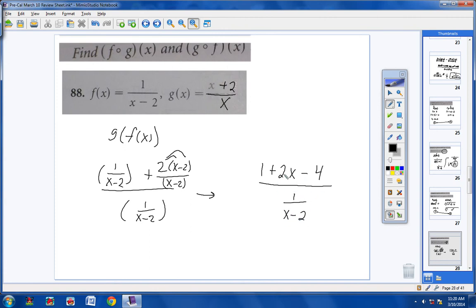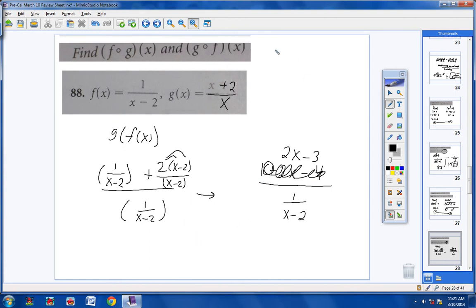Now, of course, this can be simplified here. 1 plus 2x minus 4 would be the same thing as 2x minus 3, because you have a positive 1 and a negative 4.